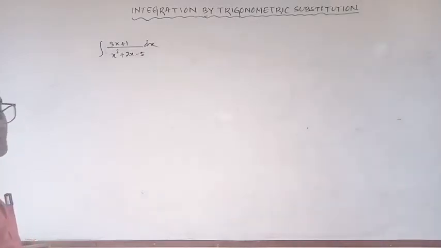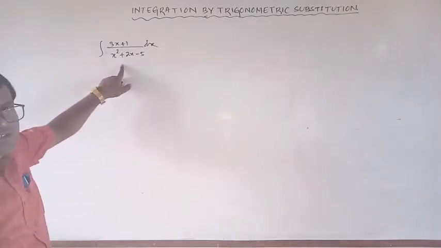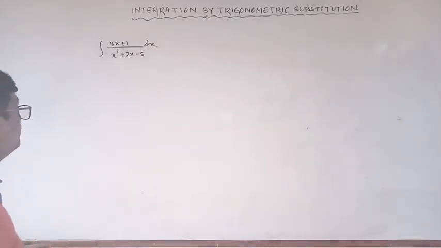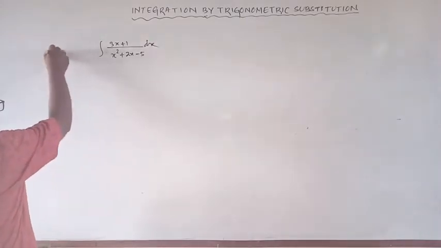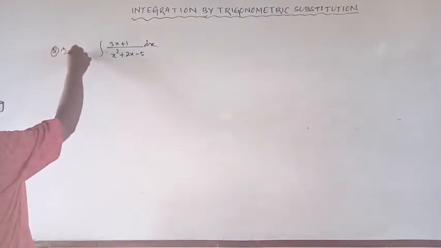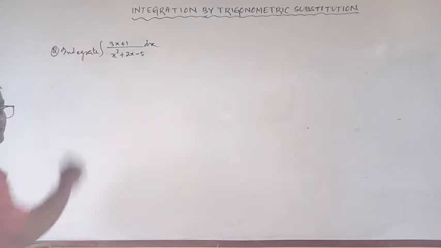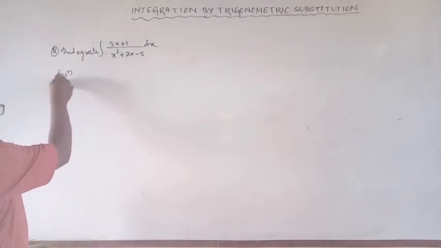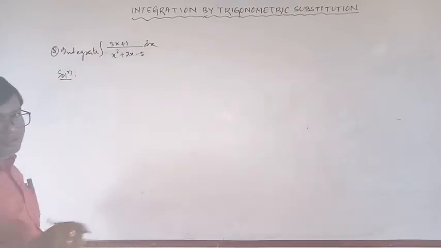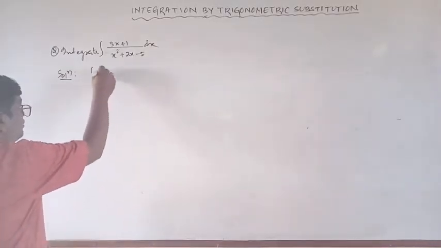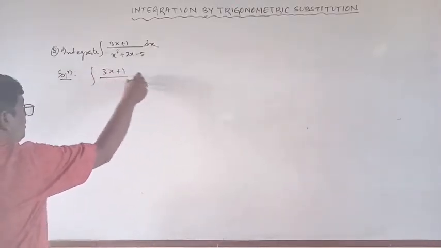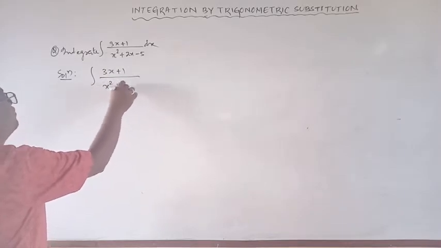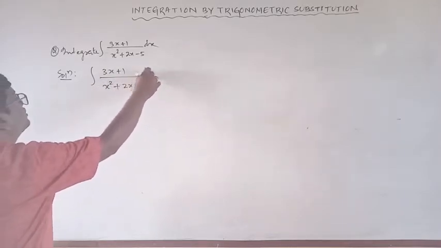This is of the form (px + q) divided by (x square + bx + c). Now the solution: integral of (3x + 1) divided by (x square + 2x minus 5) dx.